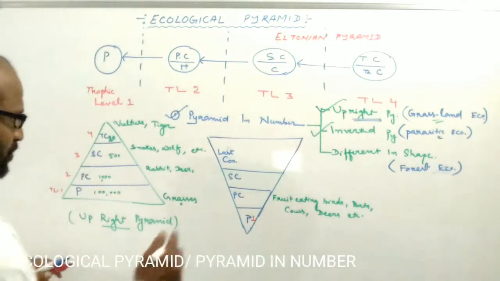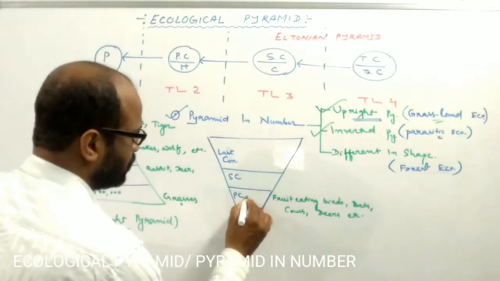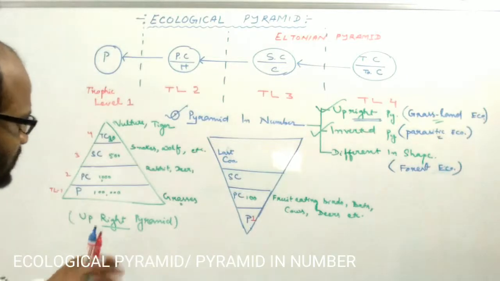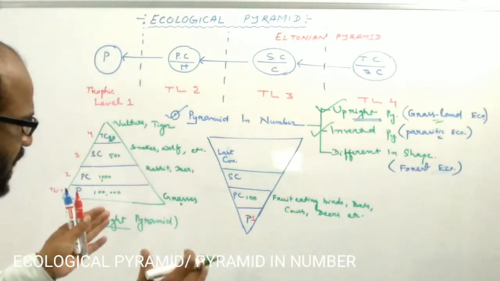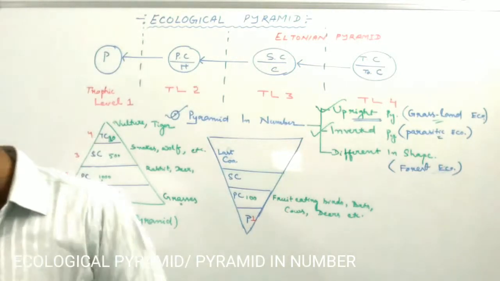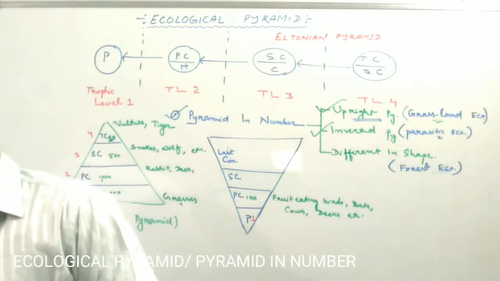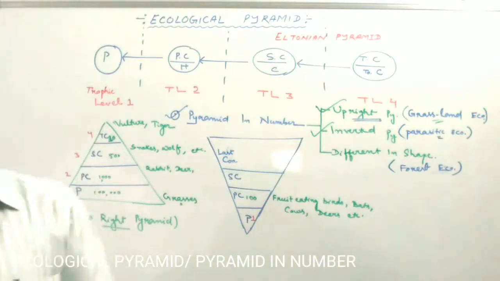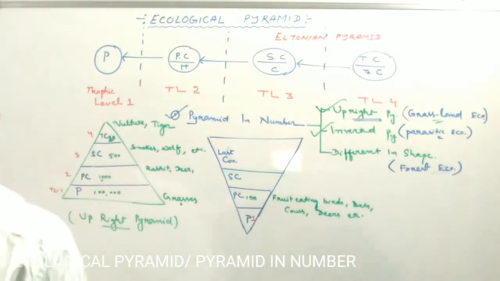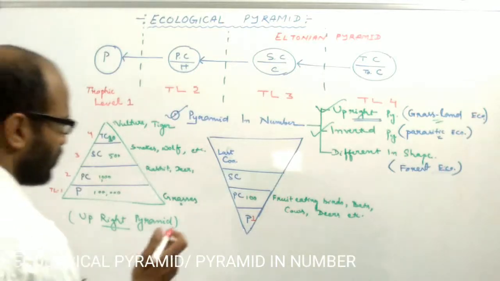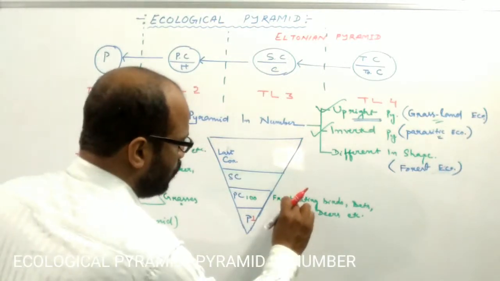These are the herbivores, and their number, suppose, is 100. And such fruit eating birds, bats, cows, deers support the secondary consumers, and their number, suppose 1000, and they may be the parasites, bugs and lice.